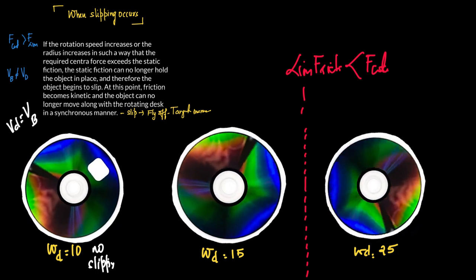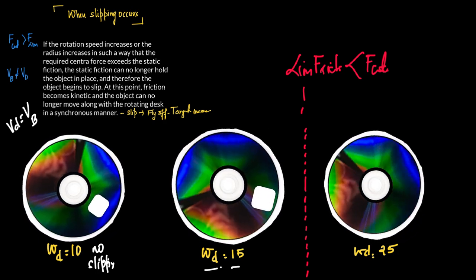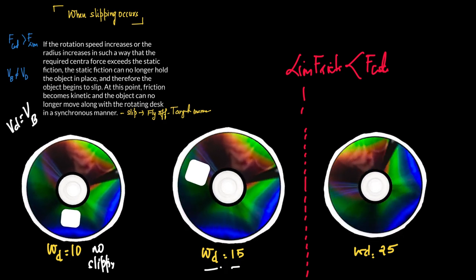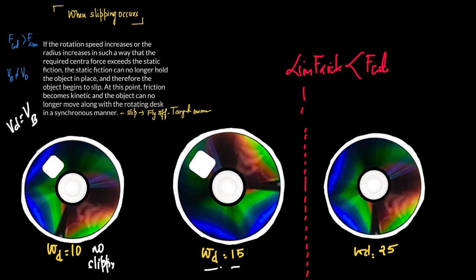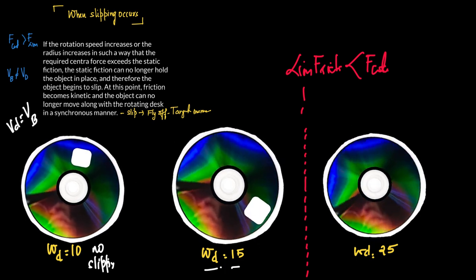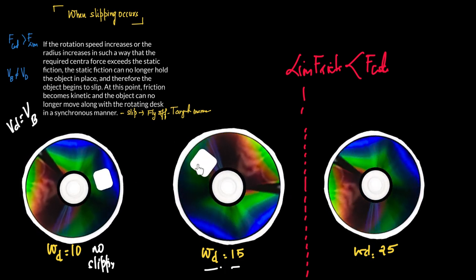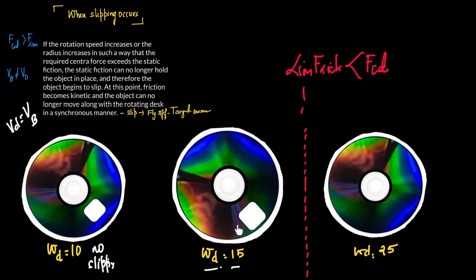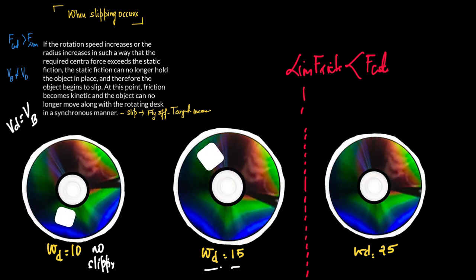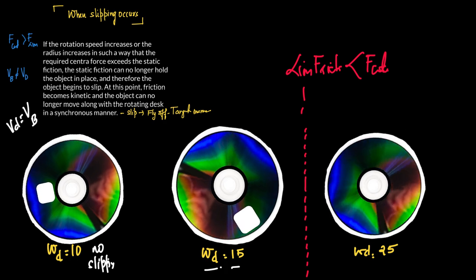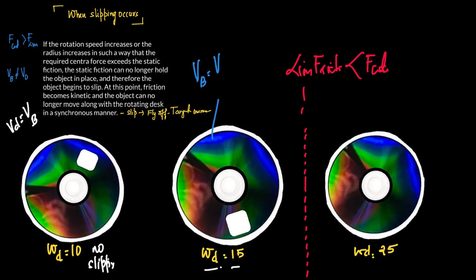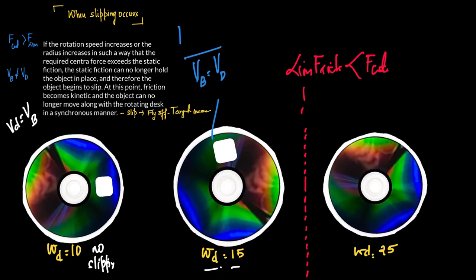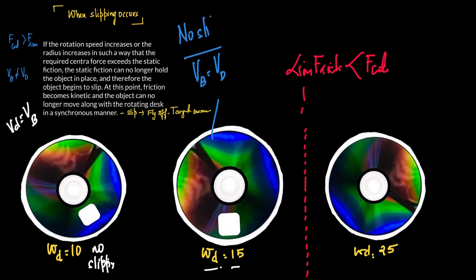Now let's see what happens in case 2. You can very clearly observe that as I have increased the rotation speed of the disk, this beaker which was placed on top of it is still moving along with the disk in a synchronous manner, which means even in this condition, the velocity of beaker is still equal to velocity of disk, which means there is no slipping motion.